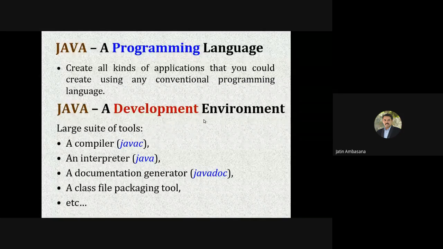If you have given documentation comments in the Java program, then your document will be automatically generated with the help of the javadoc command from the source code itself. A class file packaging tool and lots of other tools are available as a part of the Java development environment, as a part of the JDK that we saw yesterday, right?